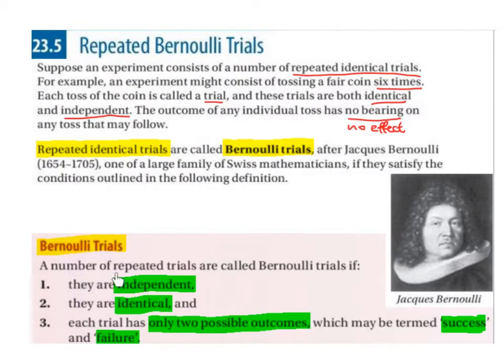A number of repeated trials are called Bernoulli trials if they are independent, they are identical, and each trial has only 2 possible outcomes, which may be termed success and failure. So they must be independent, identical, and have only 2 possible outcomes, success and failure.